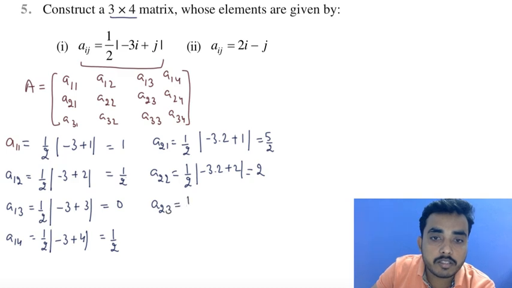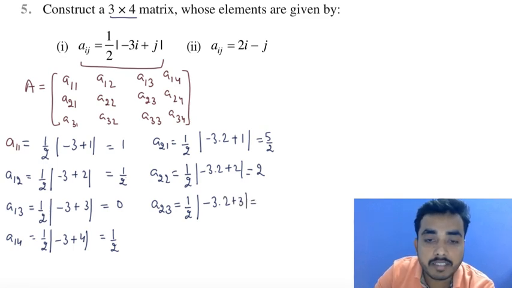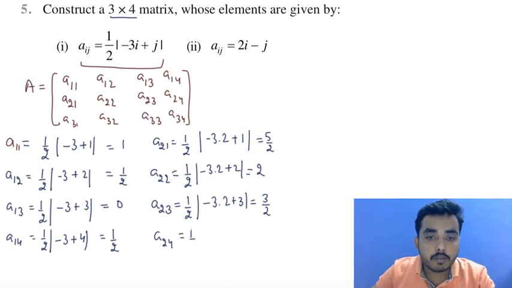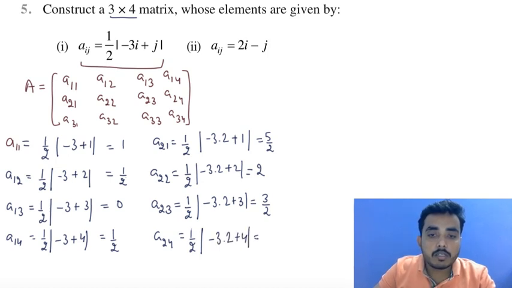A23 is half minus 3 into 2 plus 3. So this is minus 6 plus 3 is minus 3. So it will become 3 by 2. A24 is 1 by 2 minus 3 into 2 plus 4. Minus 6 plus 4 is plus 2 after the modulus. This is 1 again.